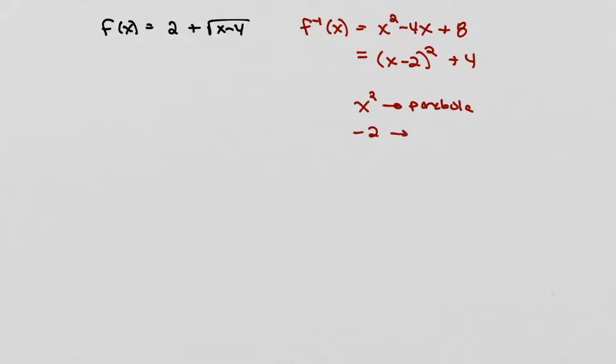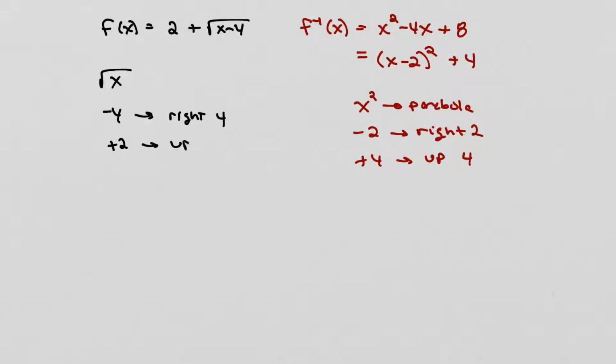The minus 2 shifts it right by 2 units, and then the plus 4 shifts it up by 4 units. And then over here for f of x, we can start with the square root of x as my base function. The minus 4 will push this one to the right by 4, and then the plus 2 at the very beginning shifts it up by 2. So let's use these particular properties to draw this graph.